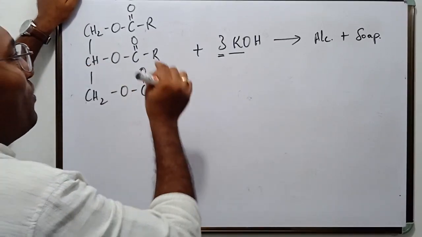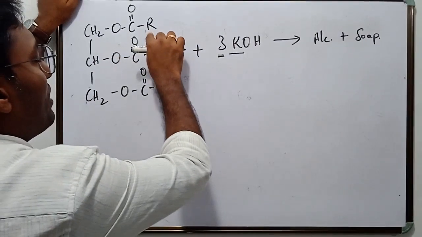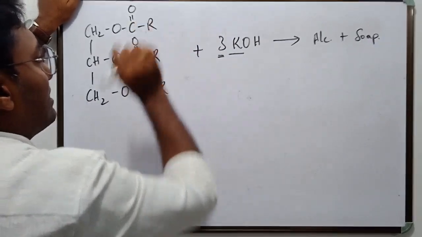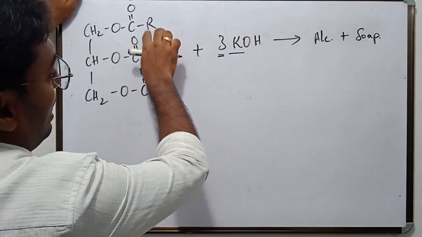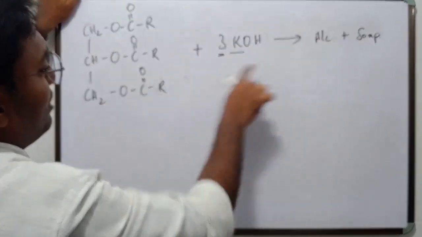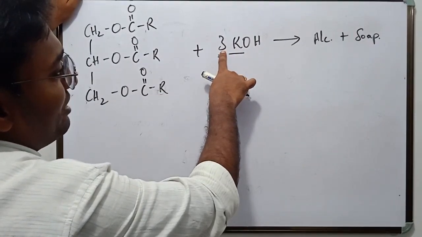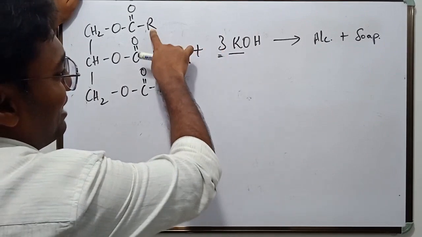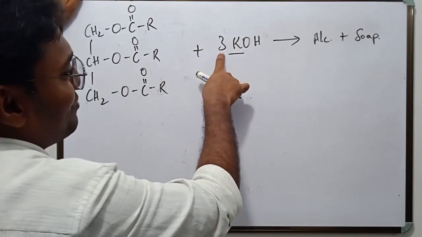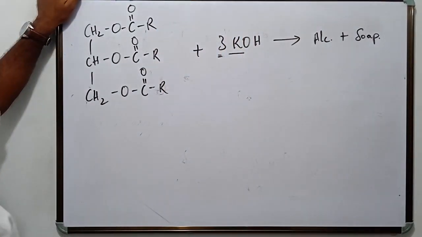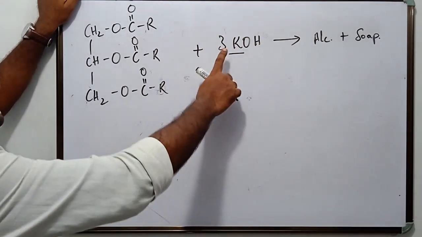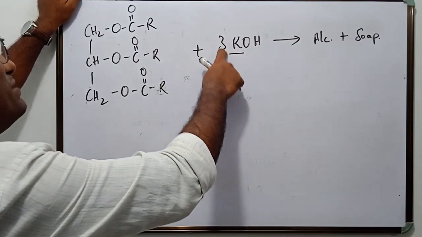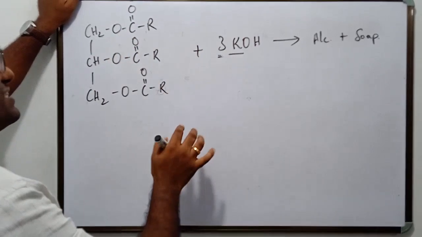Now let me ask you, if you are increasing the chain length, that is, if your R group is more lengthy, would this become 4 or 5? Never. It will always remain 3 because it is only dependent on the ester linkages.